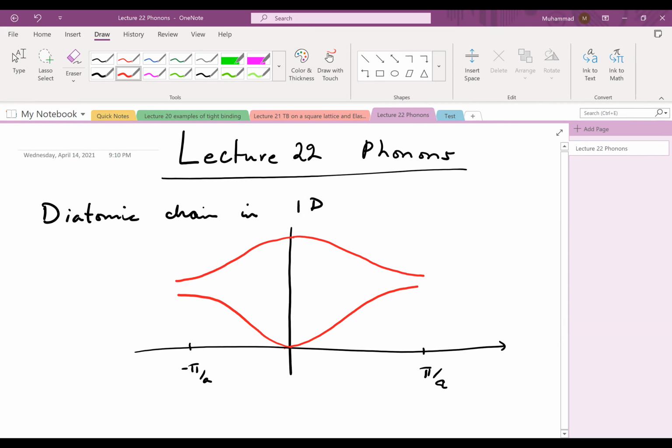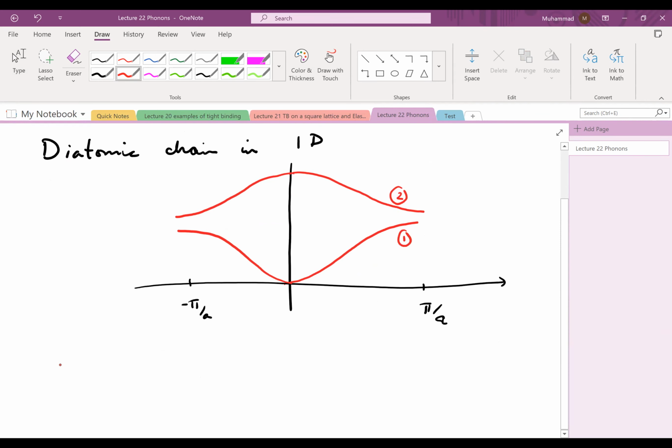And these bands, so this is band number 1 and band number 2, these bands come out from solving a secular characteristic equation, and the values of omega turned out to be, so this, by the way, is my omega versus k dispersion relationship.